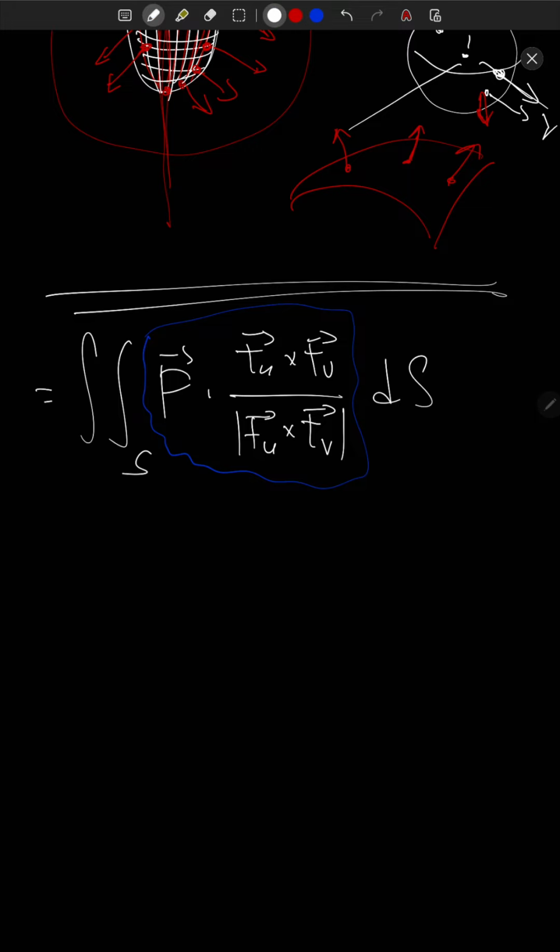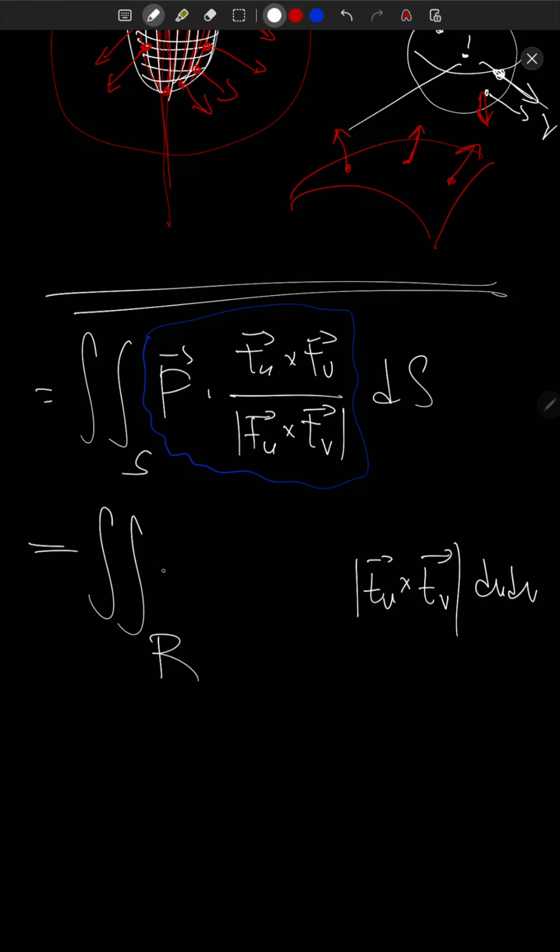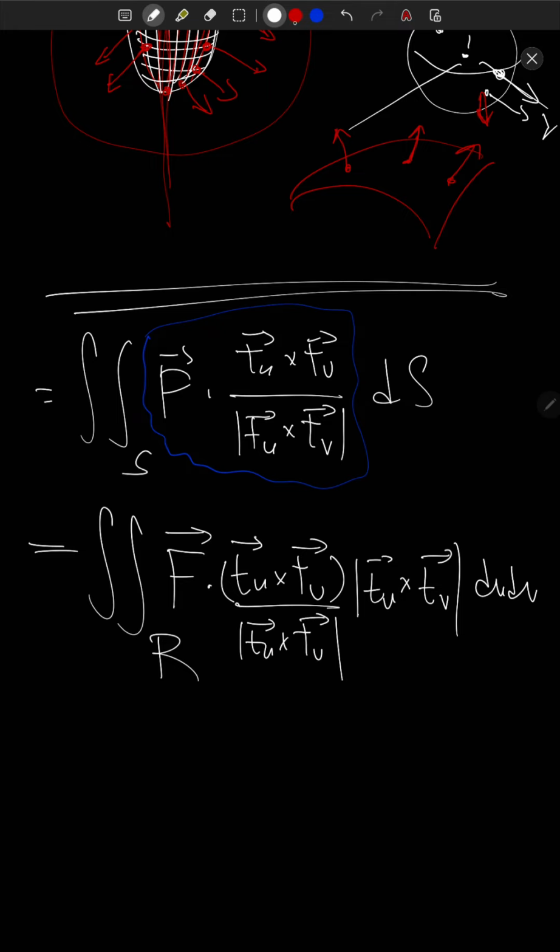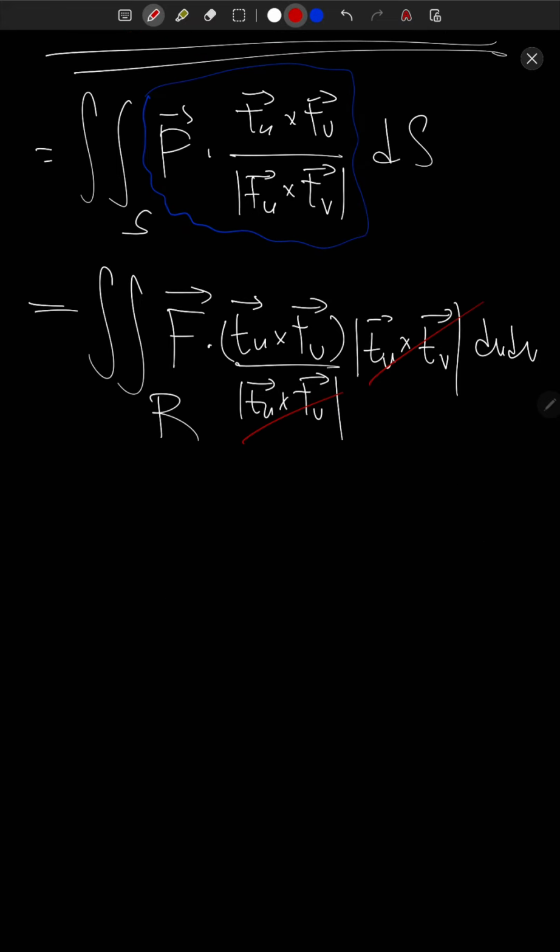But luckily for us, just like in the flux case and the circulation case from earlier on, this simplifies. So if we actually write out this integral, convert it to the du dv integral, right? Remember the compensation factor, the Jacobian factor, was exactly the length of T_u cross T_v. So it actually looks like this, over that. So these two guys actually cancel, just like in the cases from a few sections ago.